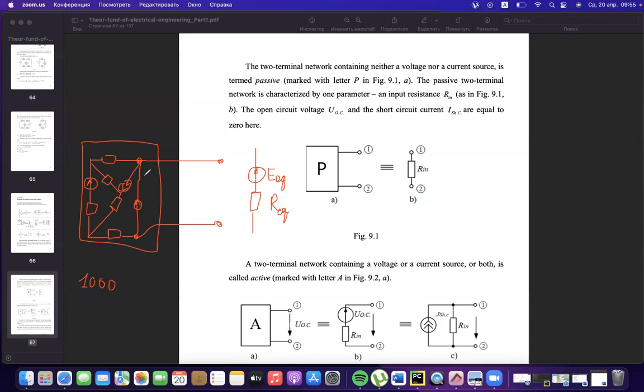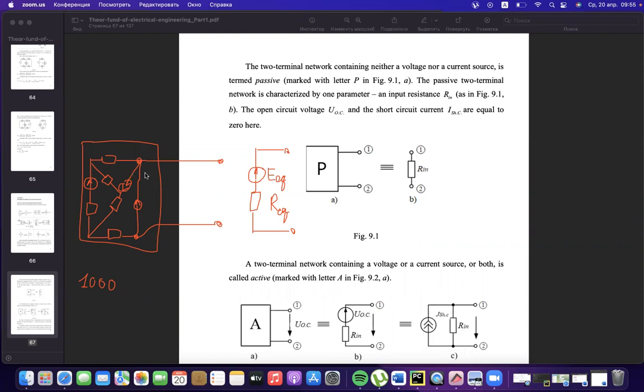It is the main idea. Instead of a complex circuit that you are looking at near two points, you could substitute an equivalent one, also with only two points.